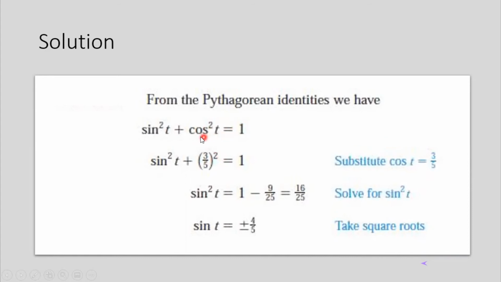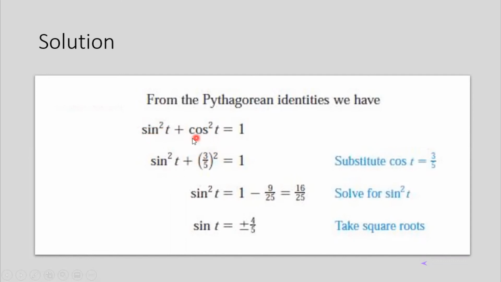So this one is just equal to 3 over 5 squared. This means cosine t times cosine t, and the notation for that is cosine squared t. So sine squared t is also sine t times sine t.